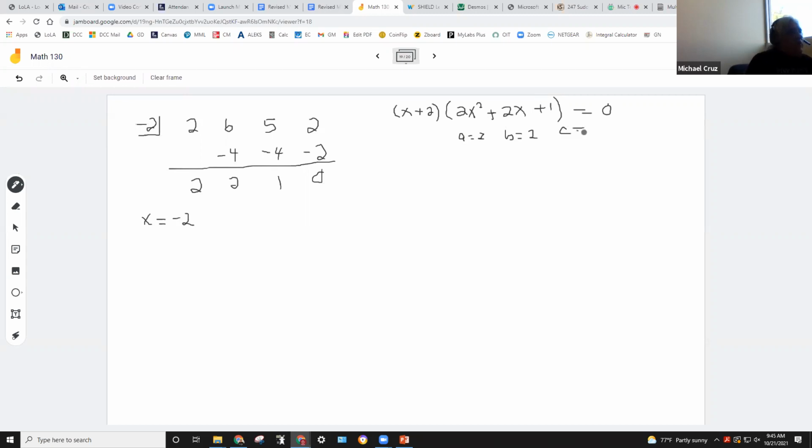And I'm going to just throw it in the quadratic formula real quick. So -b plus or minus the square root of b squared, 2 squared, minus 4 times 2 times 1.